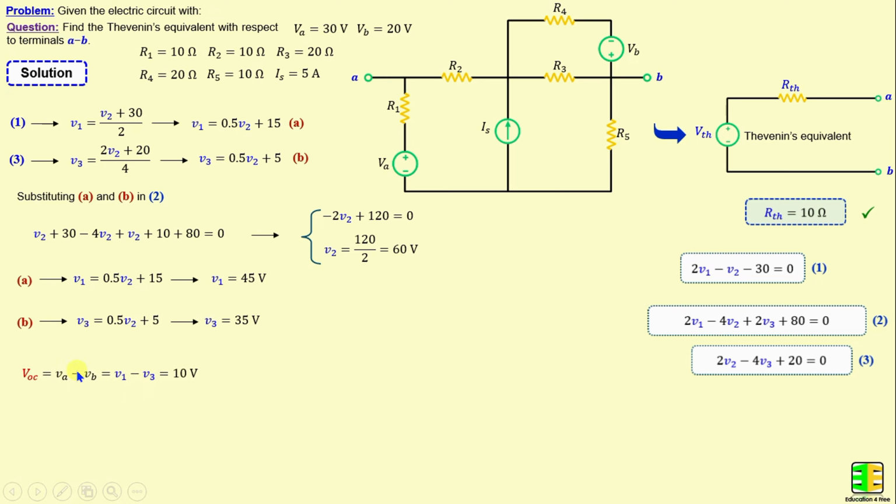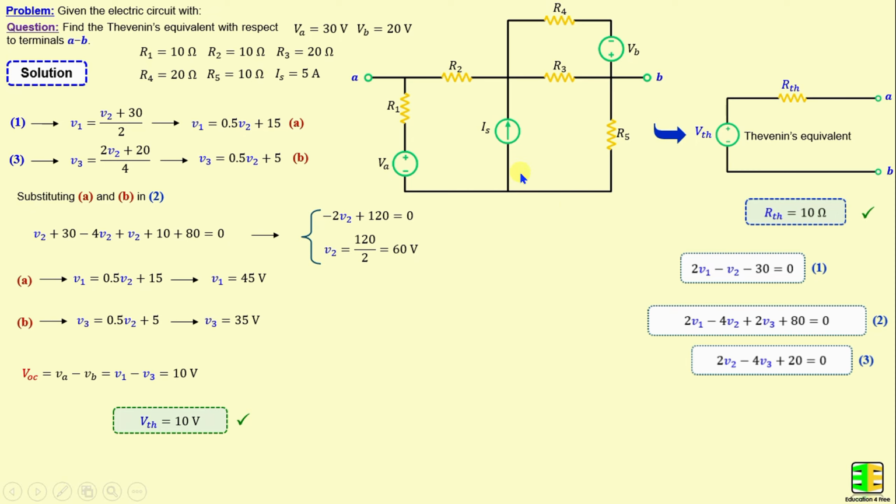VOC is equal to VA minus VB, where VA is equal to V1 and VB is equal to V3. That means VOC is equal to V1 minus V3, which is 45 minus 35, we get 10 volts. That means VTH is equal to 10 volts.